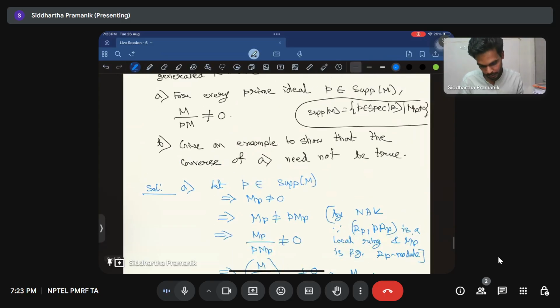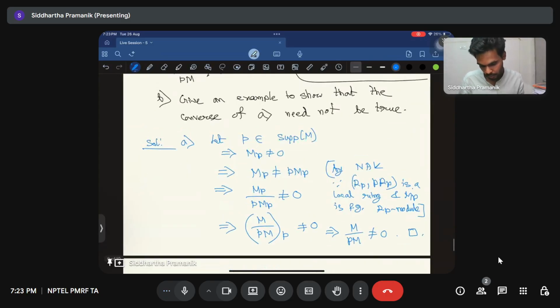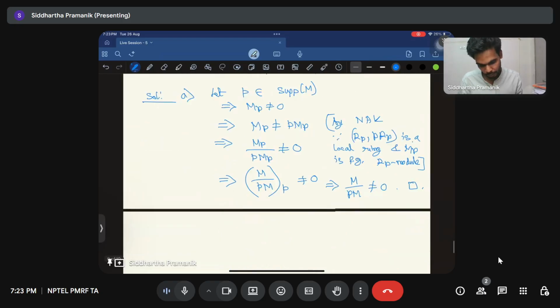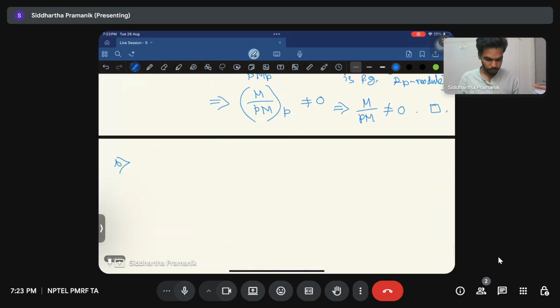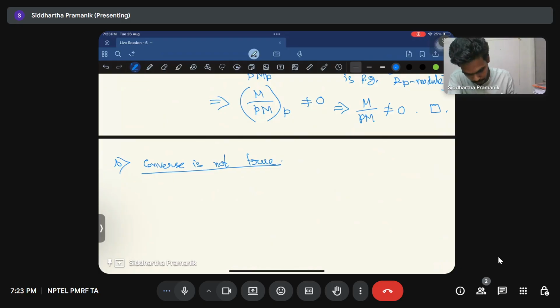Now let's see part B. For part B, we need to give a counter example for the converse. So the converse is not true. Here is one counter example.